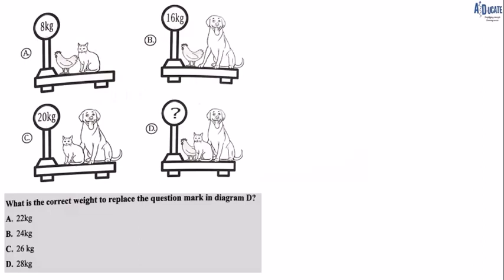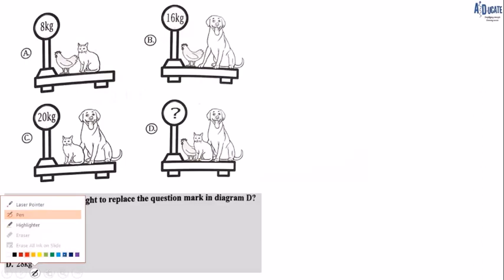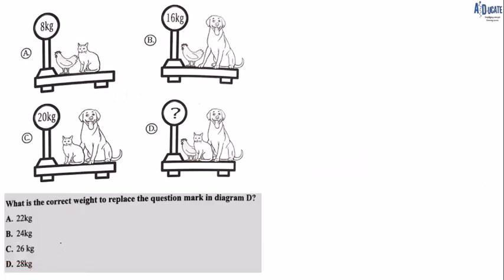From the bottom or from A? I'm going to start from the bottom. Good idea. So let's say they all weigh 28 kilograms.